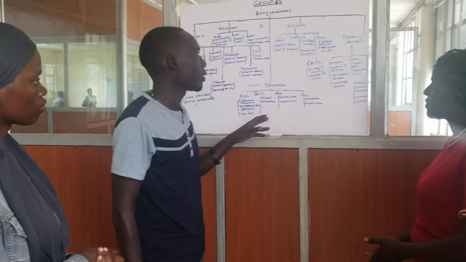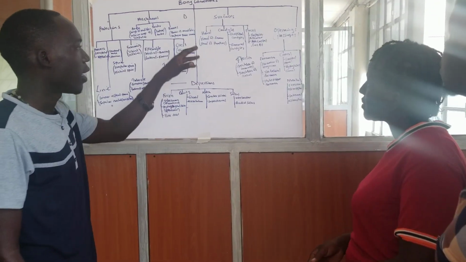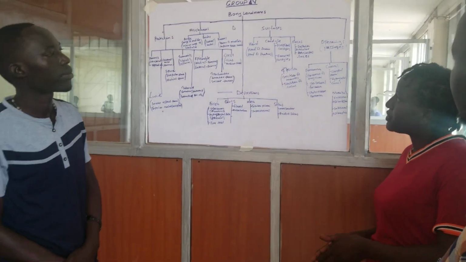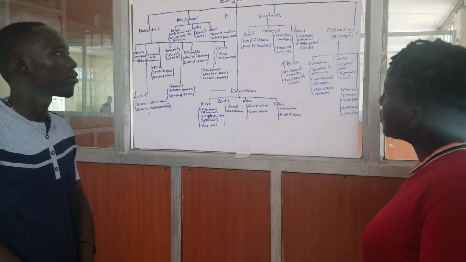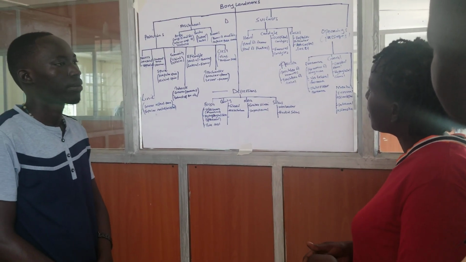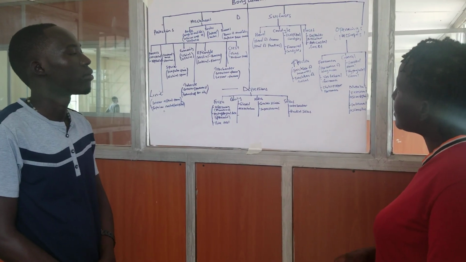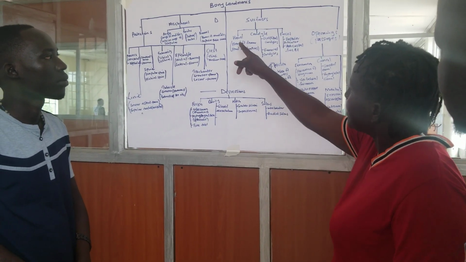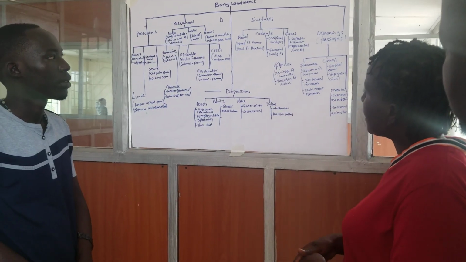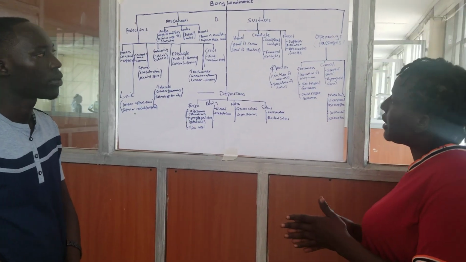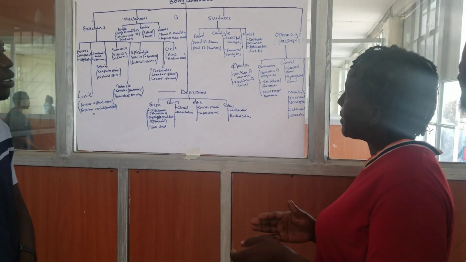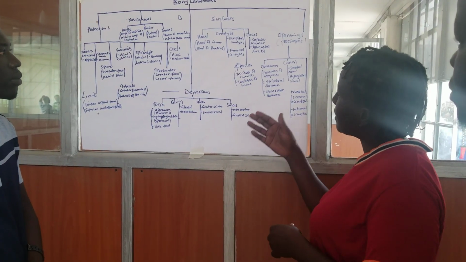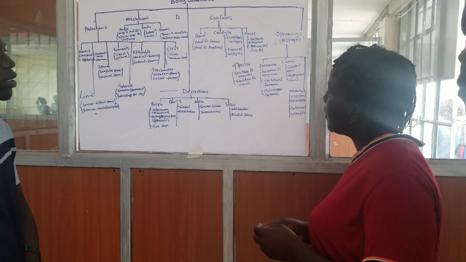So let me give my colleague the chance to take us through the next bony landmarks. Thank you. My name is Asiya. I'm going to go through another bony landmark, the surface, which includes the head, such as the head of the femur and the head of the humerus. Then another type of surface is the condyle.